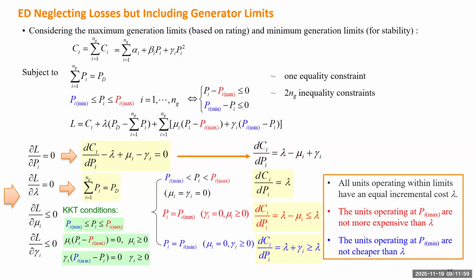This slide has the full formulation for the economic dispatch problem that ignores the transmission loss, but considers generator limits. To address the generator limit, we need to consider this problem as a nonlinear optimization problem with inequality constraints.